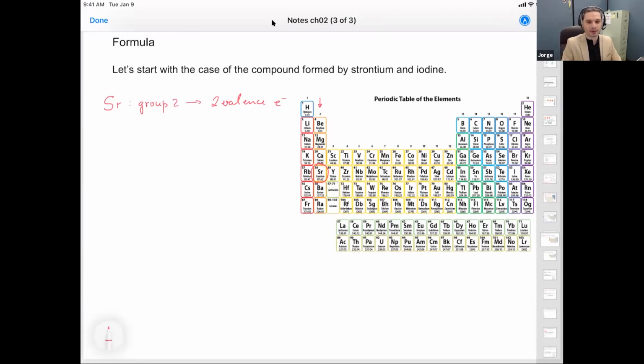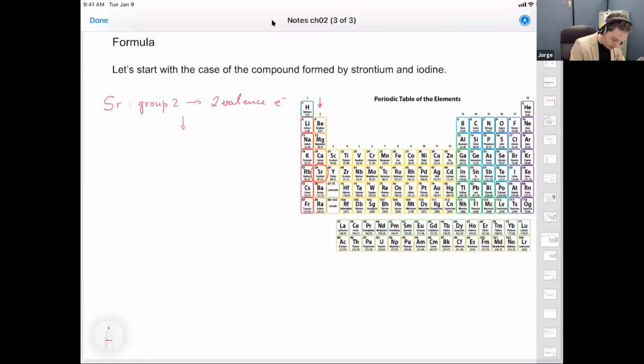Of course, 2 valence electrons is not a stable electron configuration, and we have to decide, is it easier for strontium to lose or gain electrons to become stable? There's always 2 options. One of them is going to be the easiest one, the other one, the hardest one. Nature will always take the easiest way to achieve stability.